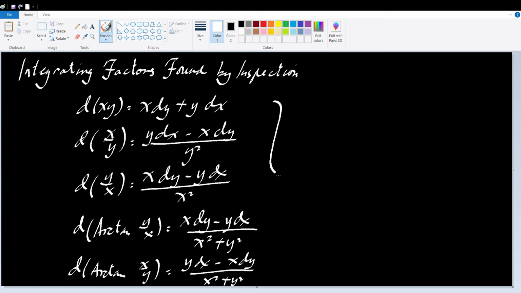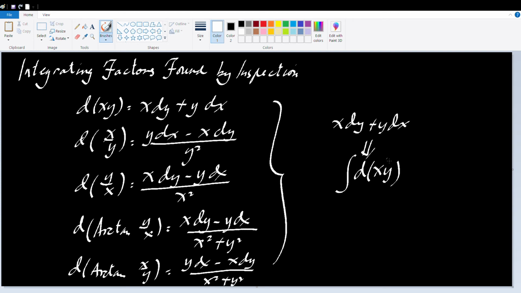Okay, so whenever we see an expression, say x dy plus y dx, we shall write this as the differential of xy. And we know that when we integrate this, that will be equal to xy.